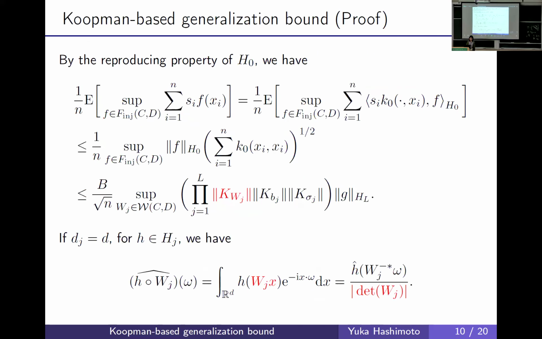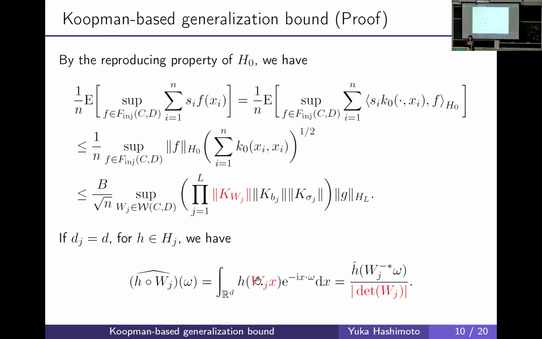And this is the proof of our theorem. I skipped the detail, but the important part is here. Since we are considering the Sobolev space, the norm of the function is defined by using the Fourier transformation. And if we consider the composition of the linear operator, so linear weight matrix, we have like this.